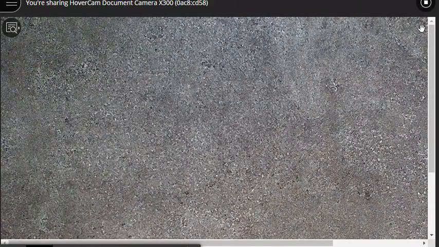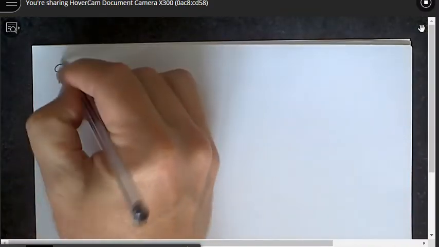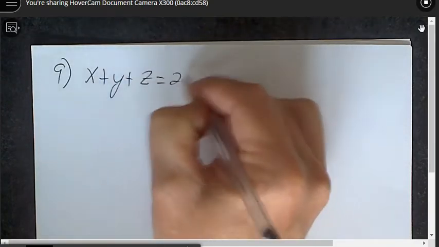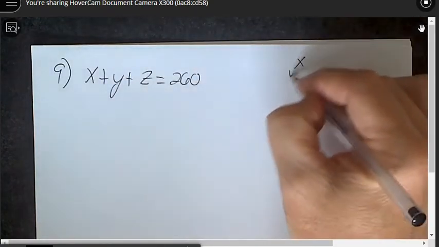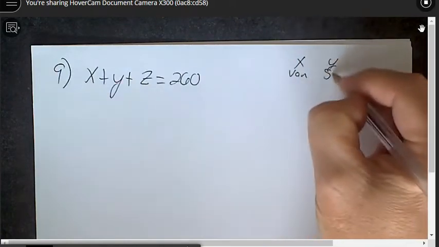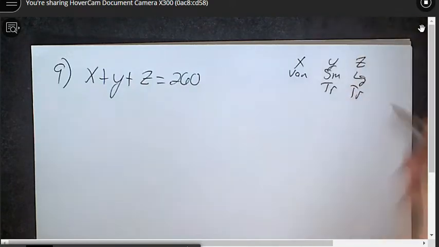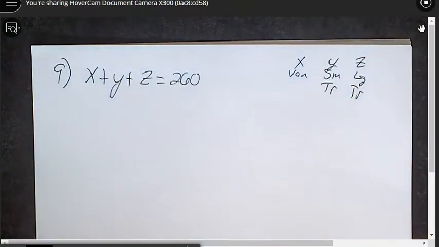So first thing on number 9, let's get our values. It says we need 260 vehicles, so we've got x plus y plus z equals 260. And again, x is vans, y is small trucks, and z is large trucks.